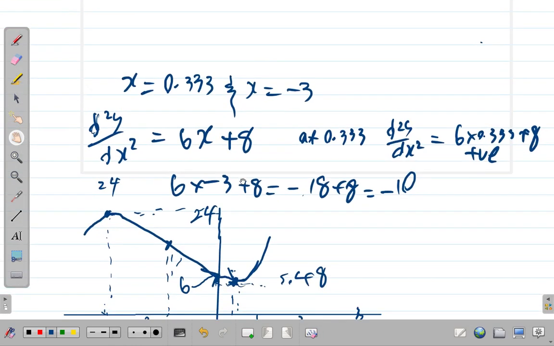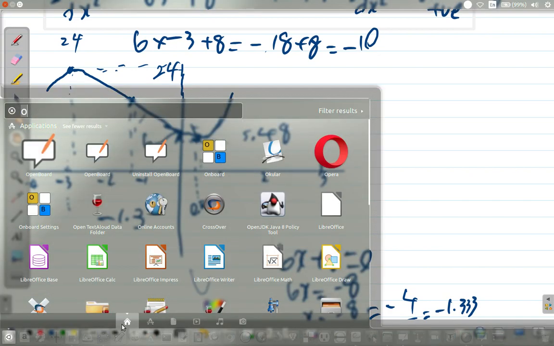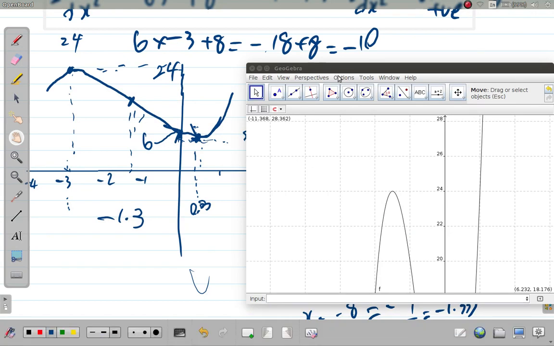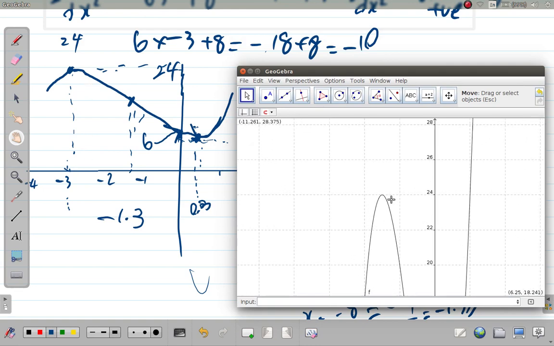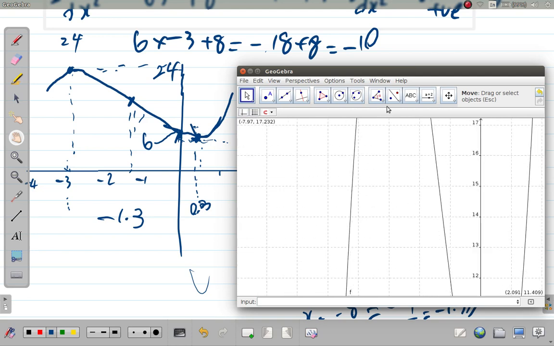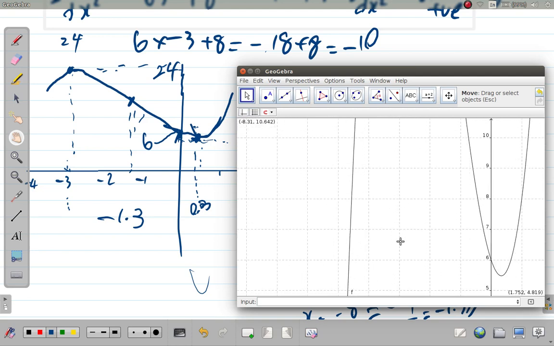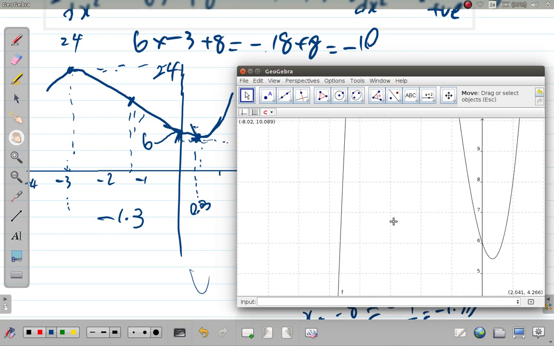We have seen that, let's open the graph again. The maximum point is at negative 3, 24. Alright, this is indeed at 24. Let's see what happened here. Which line? This line. Negative 3, 24. Good.